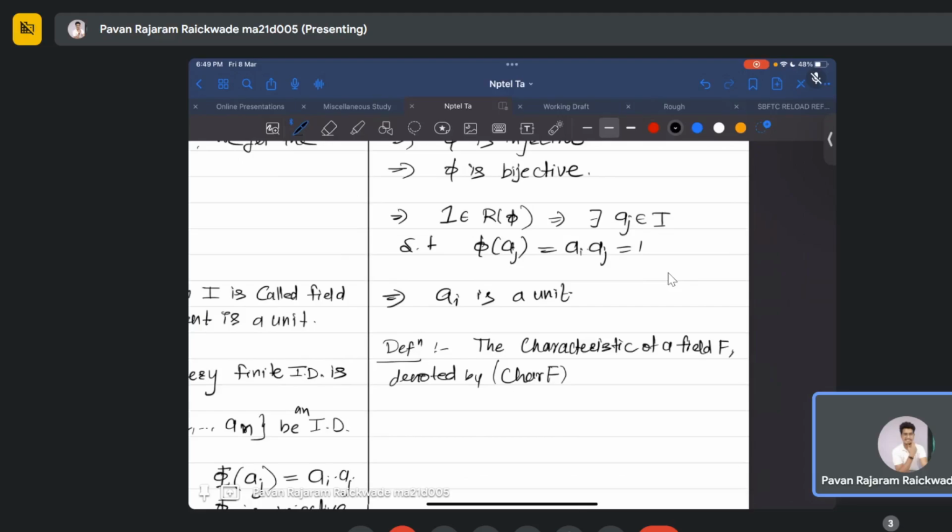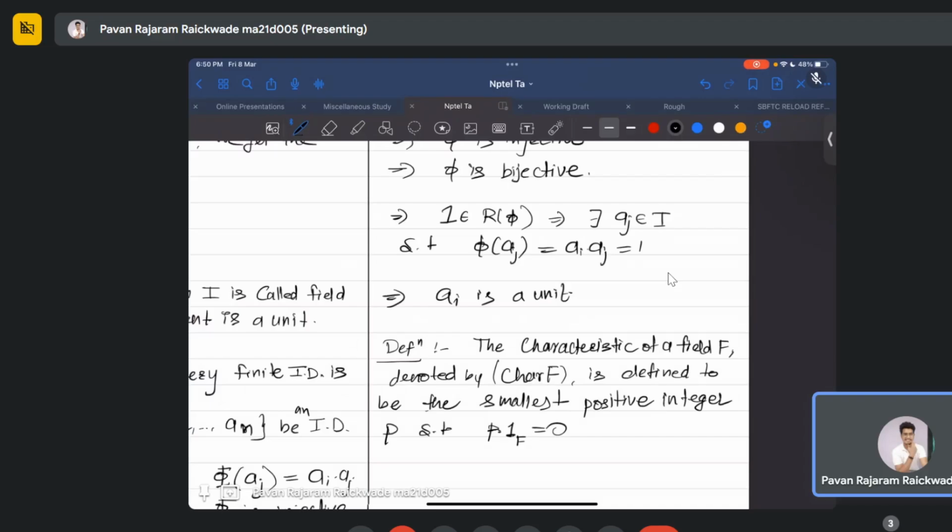This is the notation for the characteristic of a field, and it is defined to be the smallest positive integer p such that p times the identity of f is 0. Now what this times means is simply adding one p times.